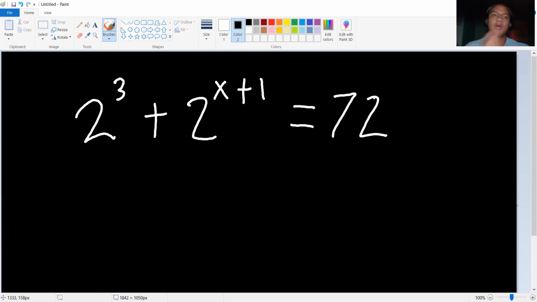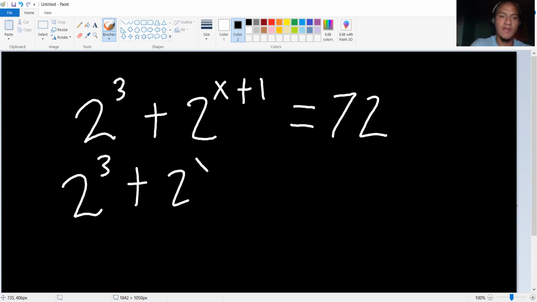Now, the rules of exponents say that when you're adding exponents, you can break them up. So we rewrite 2^(x+1) as 2^x times 2 to the first power. When you're multiplying bases that are the same, you can add their exponents.